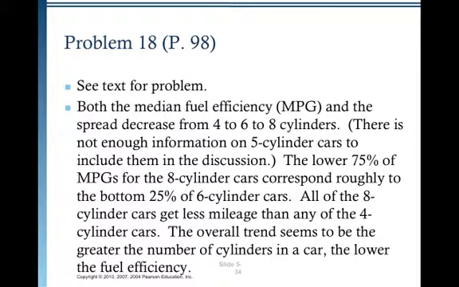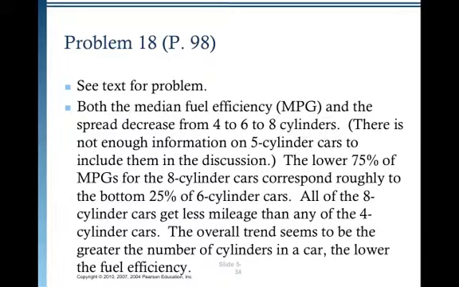Okay. So both the median fuel efficiency, miles per gallon, and the spread decrease from 4 to 6 to 8 cylinders. There is not enough information on 5-cylinder cars to include them in the discussion. The lower 75%, so everything Q3 and below, for the 8-cylinder cars corresponds roughly to the bottom 25% of 6-cylinder cars.